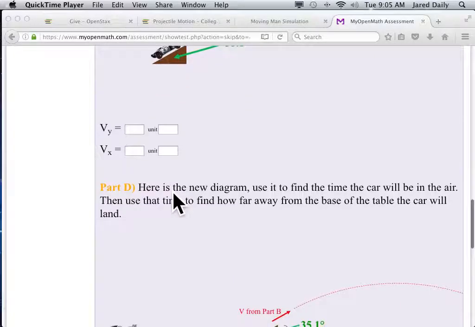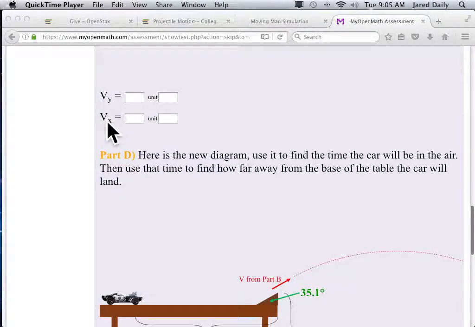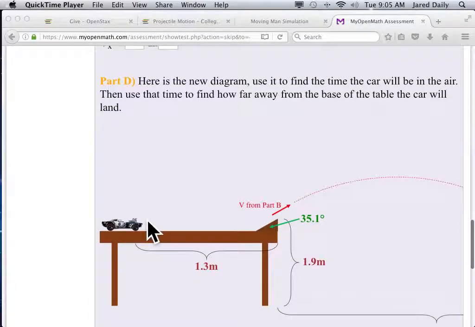But in part D, this Vy and this Vx become the Vy0 and the Vx0 when you start using a kinematic equation. Then you can use the initial height off the table to be 0, and this would be negative 1.9 meters down at the bottom. Or you could say the floor is 0 and your initial position is 1.9 meters above the floor, whatever.